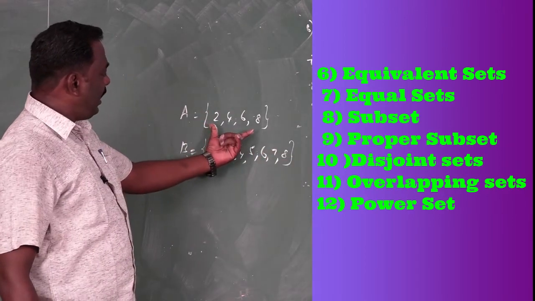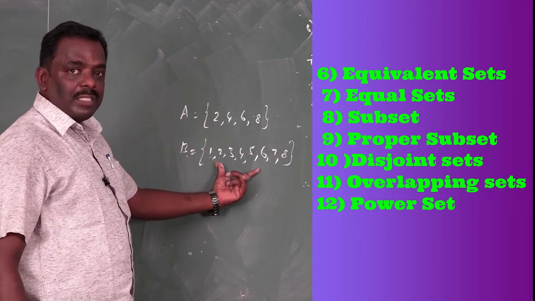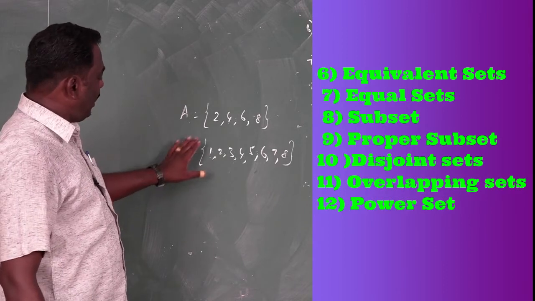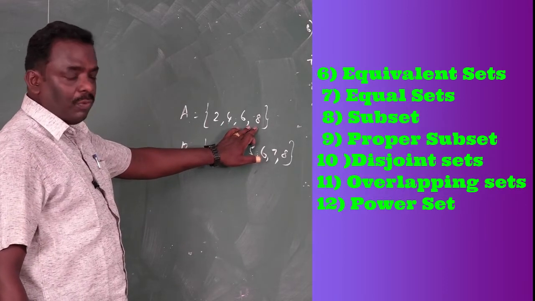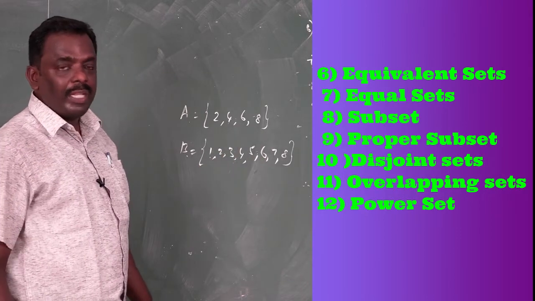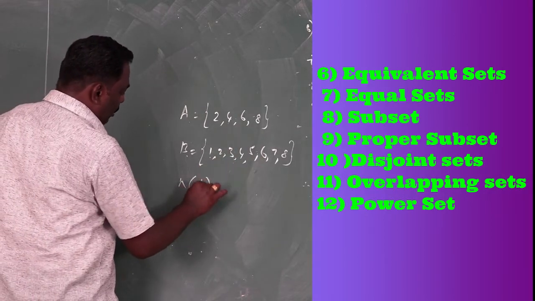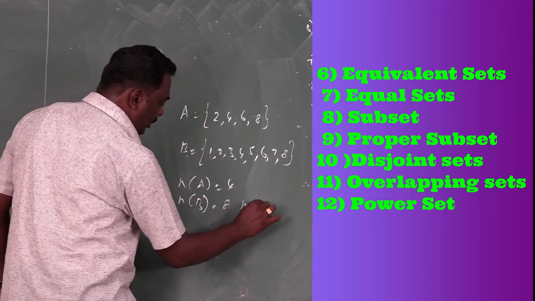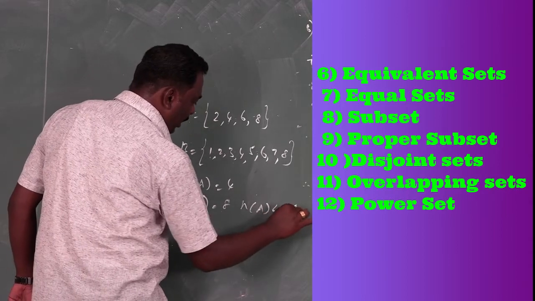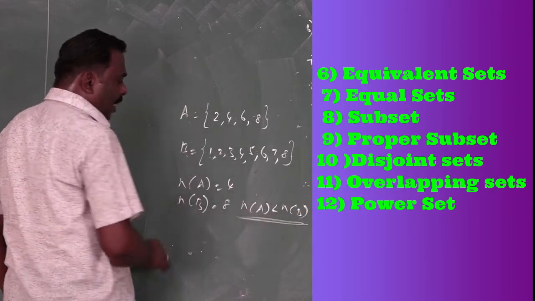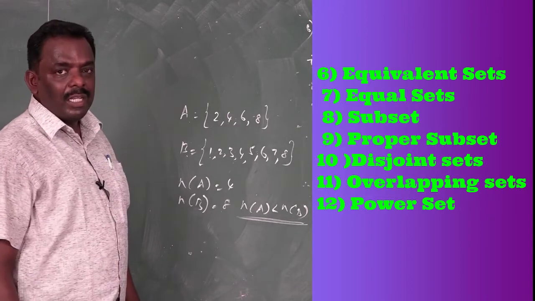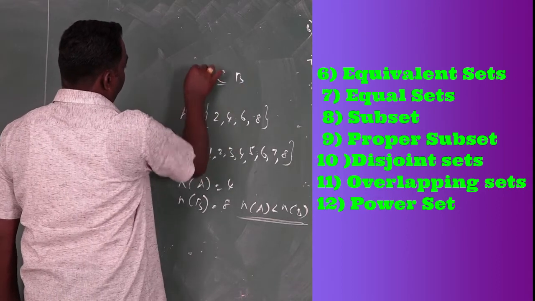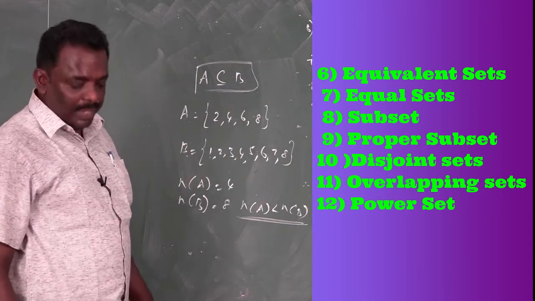The elements of set A are also in set B, and comparing the two sets, B is the bigger one. The number of elements in set A is 4 and in set B is 8. n of A equals 4, n of B equals 8, so n of A is less than n of B. Therefore A is the smaller one. In that case we can say that A is a subset of B.